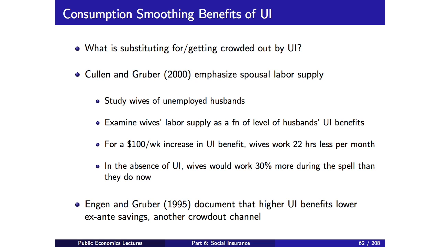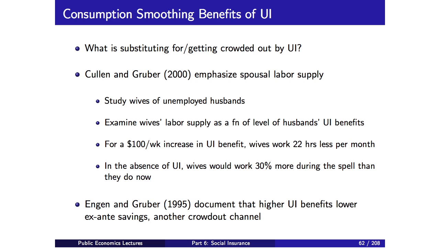So when the husband has a higher UI benefit, does the wife work less when he's unemployed to fill the gap? Or a different way to think about it is, if we did not have UI benefits, the secondary earner would come into the labor force and act as an insurance mechanism. And so if that's the main thing that's going on, then when we provide UI benefits, we're not actually insuring people better, we're just substituting one insurance for another.